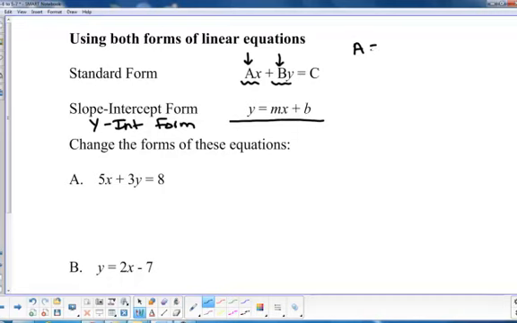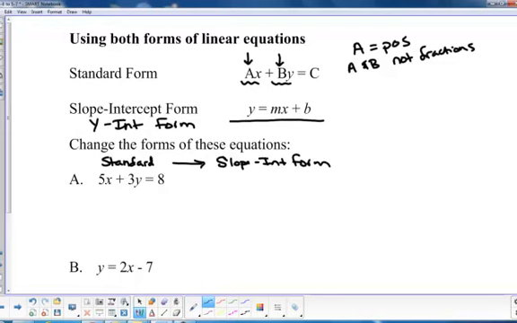A is positive. A and b are not fractions. And that's the proper way to write standard form. So you're looking at letter A as in standard form. And we're going to rewrite that into y-intercept form, or slope-intercept form, whichever you want to call it.